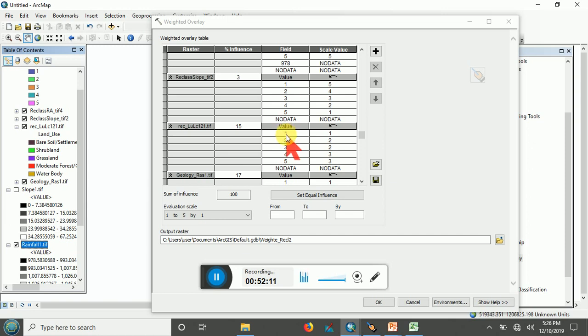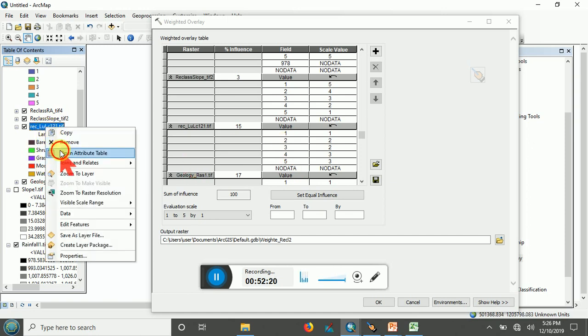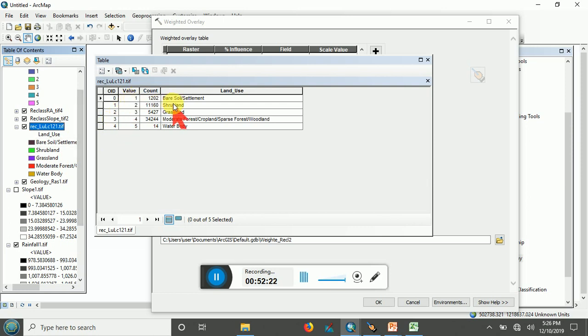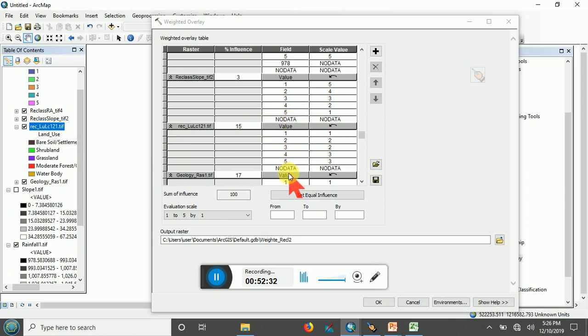You have to be sure what 1 means. Does 1 mean bare soil, or does 2 mean shrubland? So in that case you right click and check the attribute table. So 1 means bare soil, 2 shrubland, 3 and so on. So they wrote it in order.